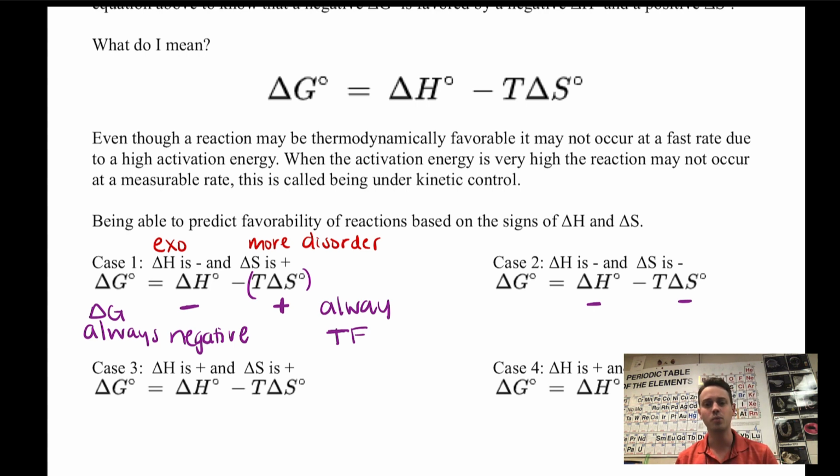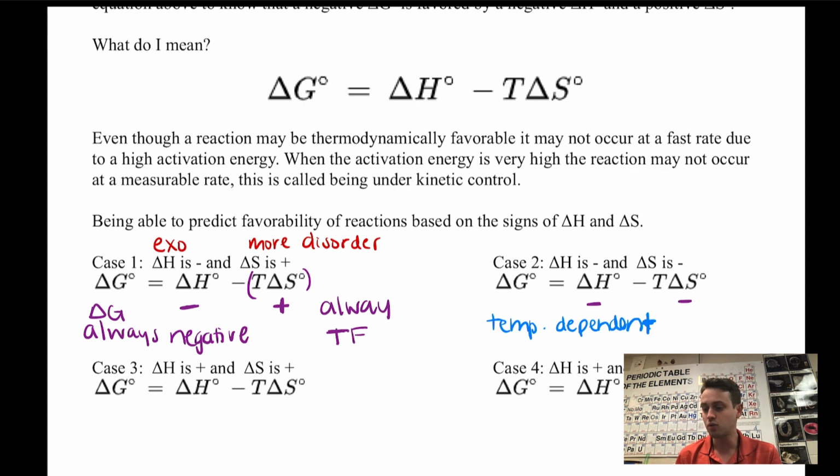When they're both the same sign and one contributes to favorability and one goes against it, these are going to be called temperature-dependent reactions, meaning that it depends on what temperature the reaction is taking place at.